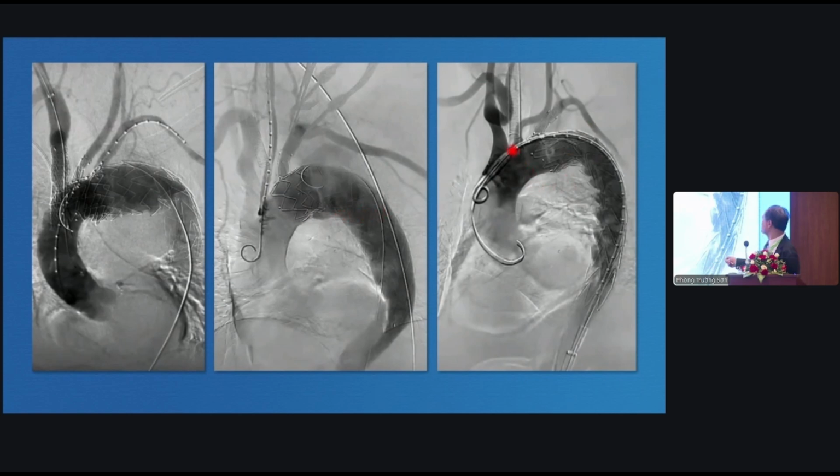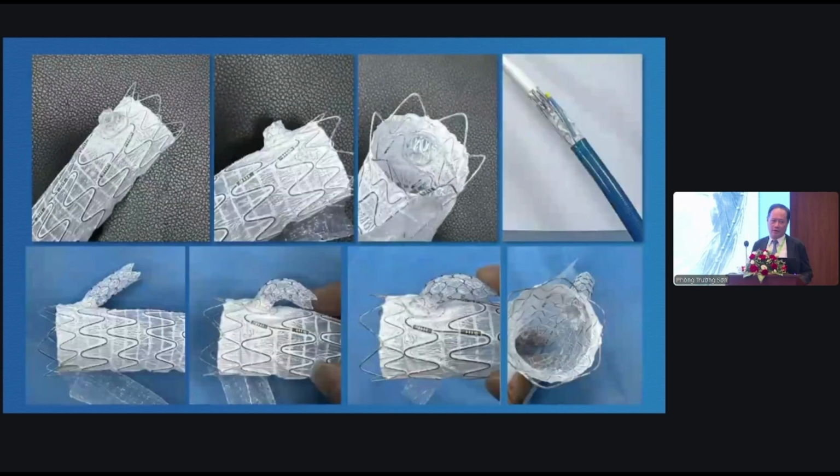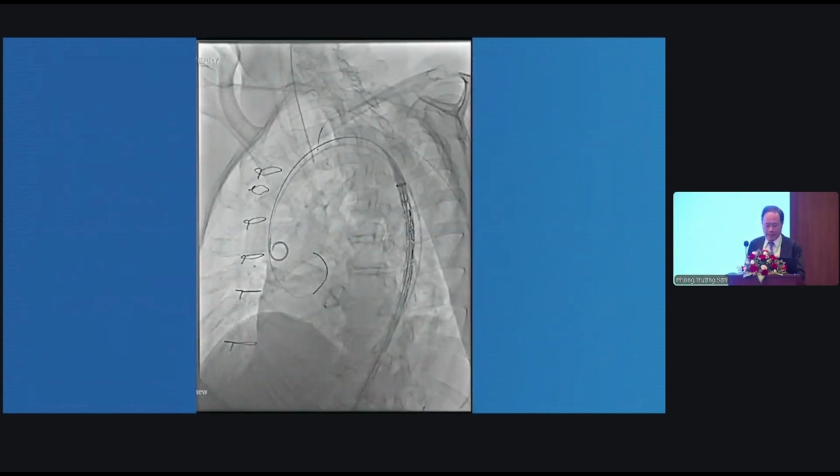And if you're not careful and you deploy too slowly, then you would have a slight collapse of the graft. It doesn't open very well on the lesser curve. The LifeTech device has a mobile port that you can bridge that allows mobility at the top, and supposedly it bridges better.